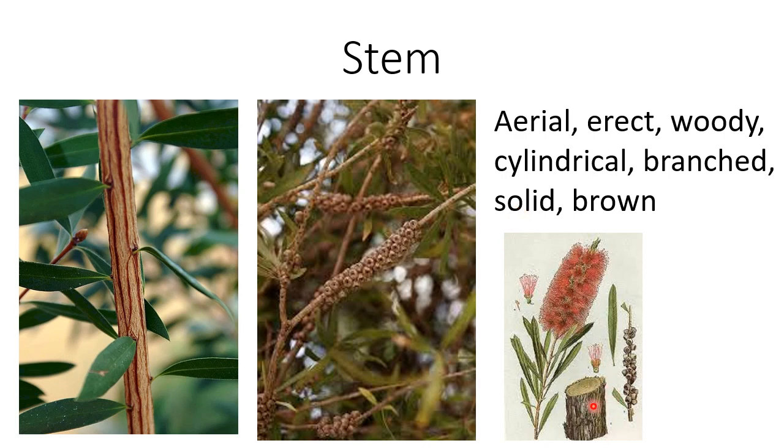It is solid. In the cut portion you can see that it is completely filled from inside, so it is called solid, and the color of the stem is brown. So the description of the stem is aerial, erect, woody, cylindrical, branched, solid and brown in color.